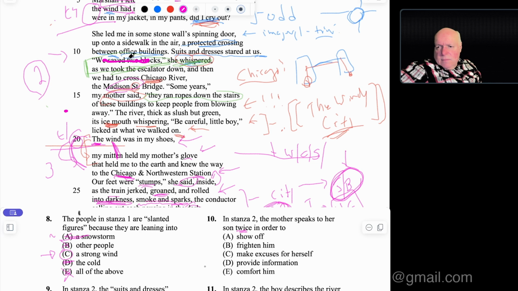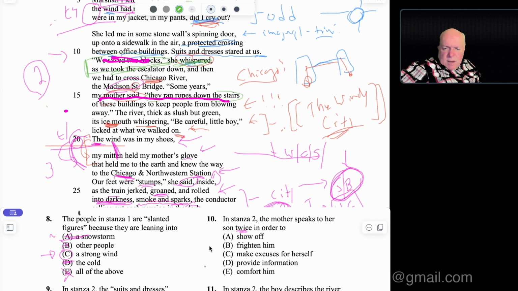So we have the mother saying we saved 2 blocks, and then saying people blew off the ropes. All right, so that's the 2 instances of being talked about with that.